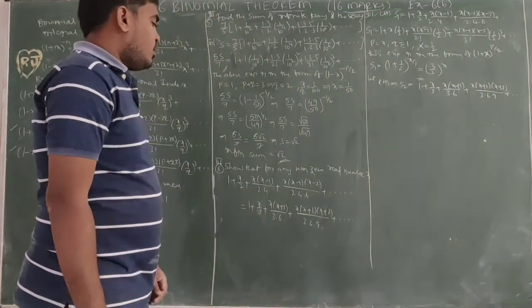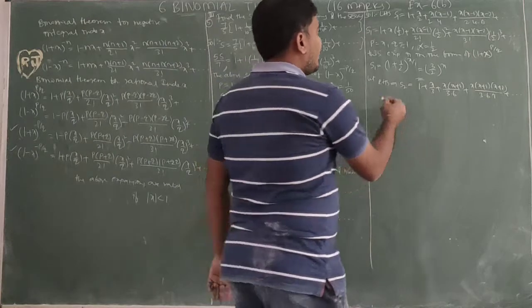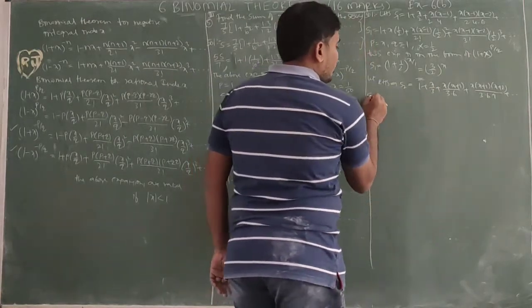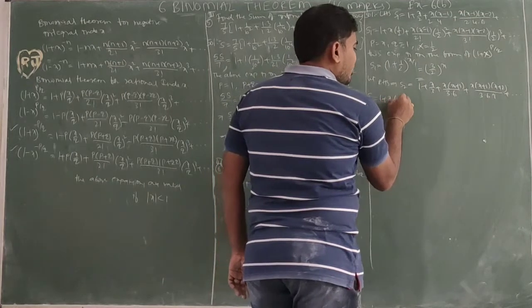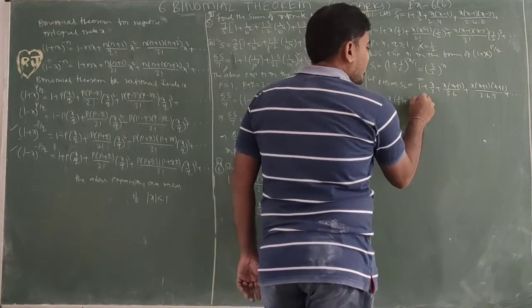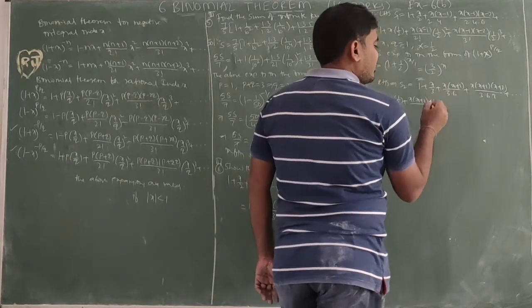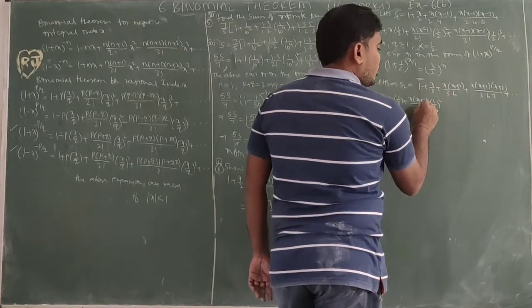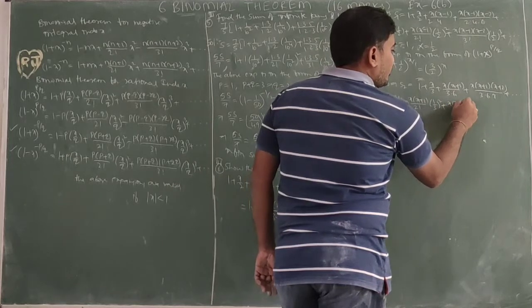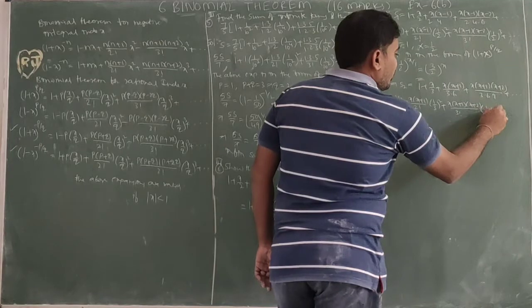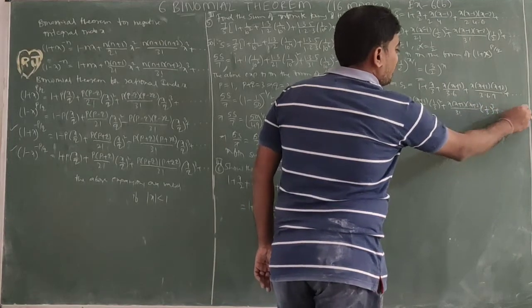So taking the RHS, S2 = 1 + x·(1/3) + x(x+1)/2! · (1/3)² + x(x+1)(x+2)/3! · (1/3)³ + ... up to so on.